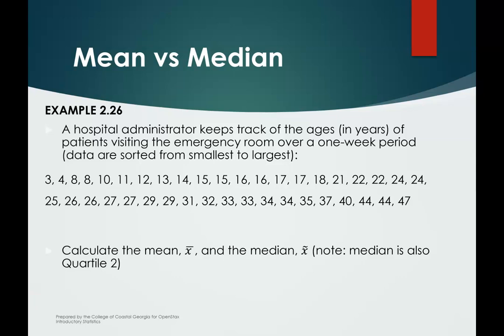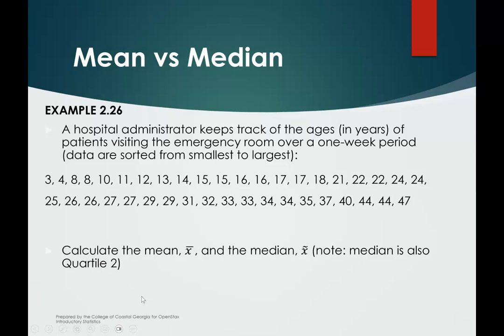And we want to calculate the mean, also known as X bar. You might see it like that, X with a bar over it. And the median might be written with this little symbol. It's called a tilde, X tilde. Also, we call it quartile 2. Or sometimes it's just capital M, or Med.